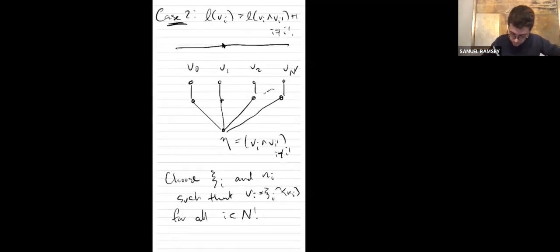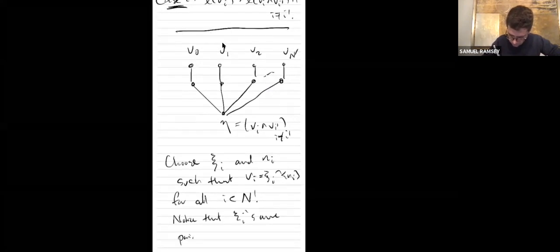Okay, and we'll notice that the xi's are pairwise distinct, because we're not in case 1.